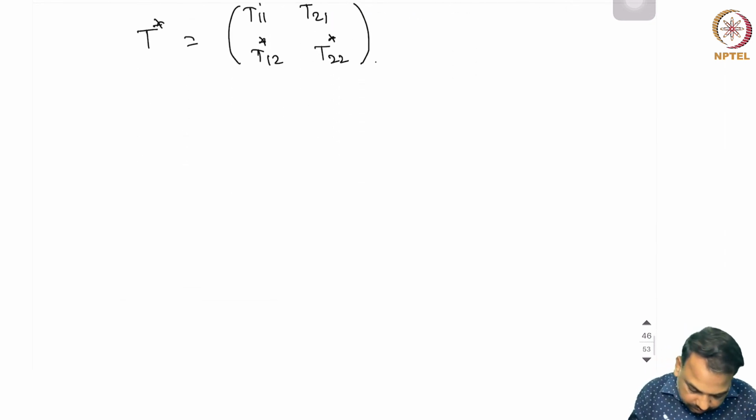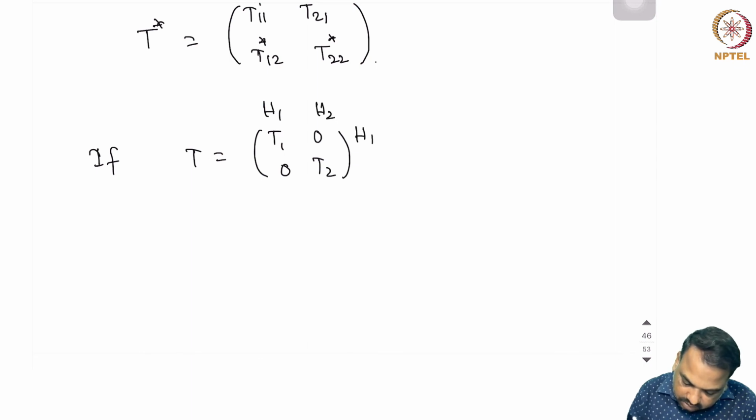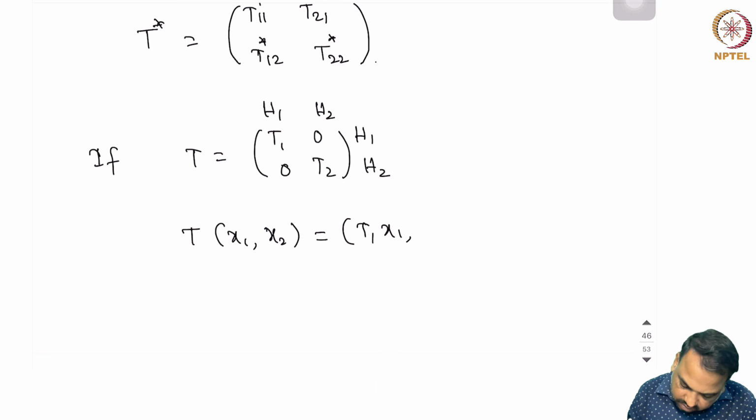Now if T is T1, 0, 0, T2, then in this case this is H1, this is H2, this is H1 and this is H2. We can say that T of x1, x2 is nothing but T1 x1 comma T2 x2.